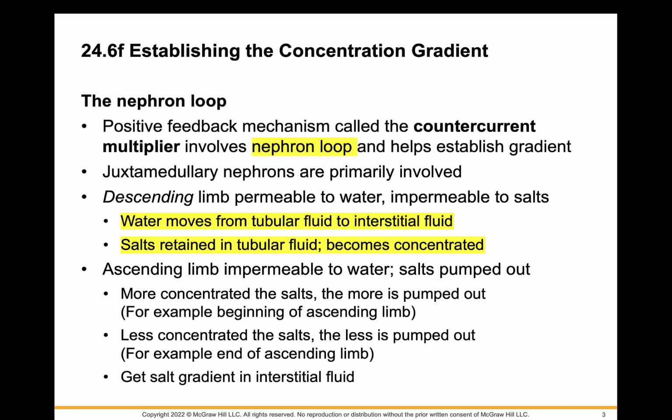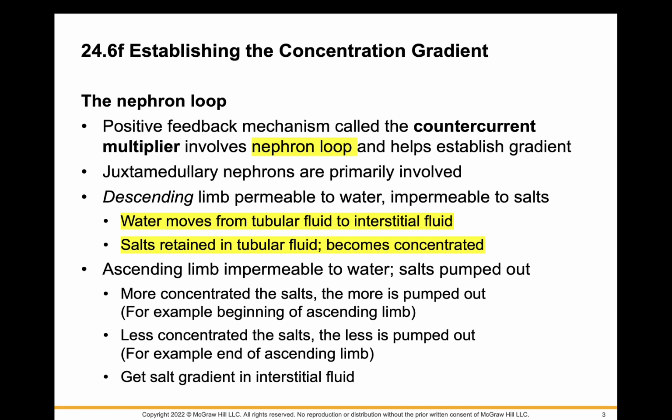With less concentrated salt, you will have less salt pumped out, and this is what happens at the end of the ascending limb of the nephron loop. And once again, this is how we're really establishing that salt gradient in the interstitial fluid. The thing to remember here is the exchange is happening between the nephron loop and the interstitial fluid.